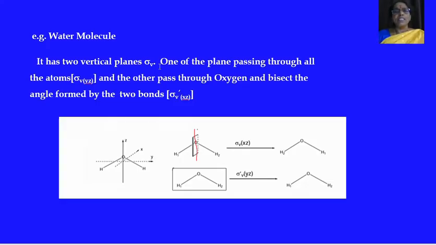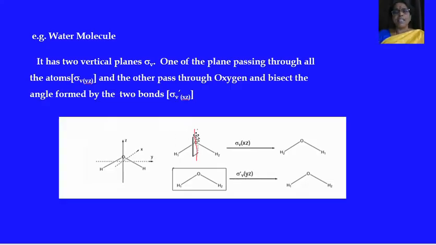Here we consider the z-axis as the principal axis and the molecular plane as the yz plane, and therefore the two vertical planes contain the z-axis. One is the sigma v xz plane, another one is the sigma v prime yz plane.